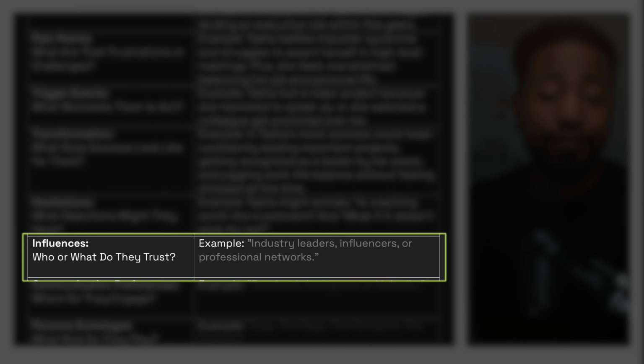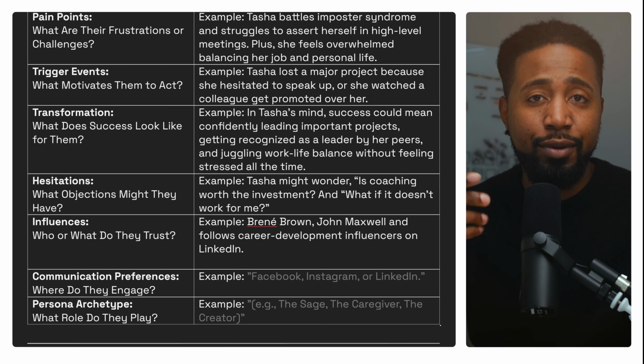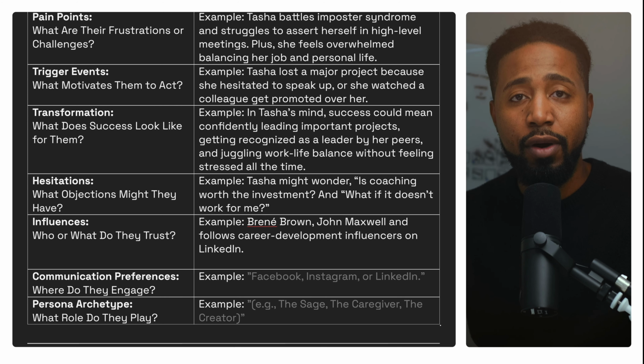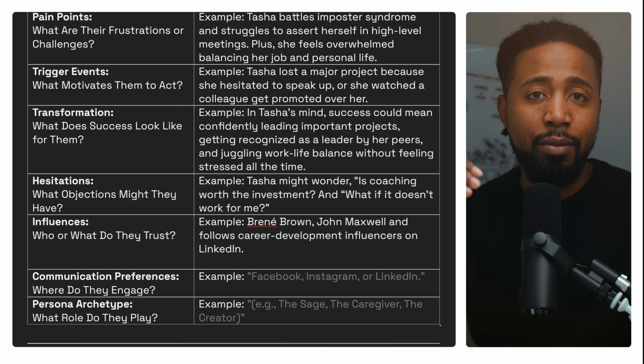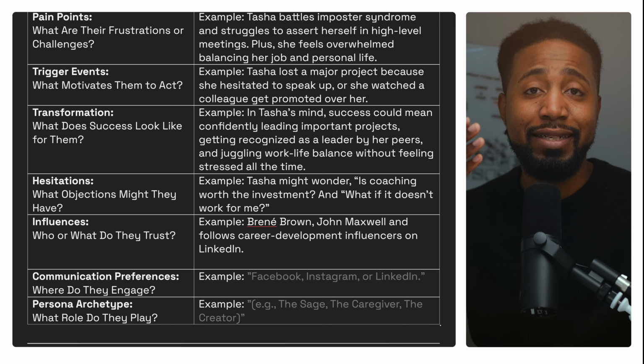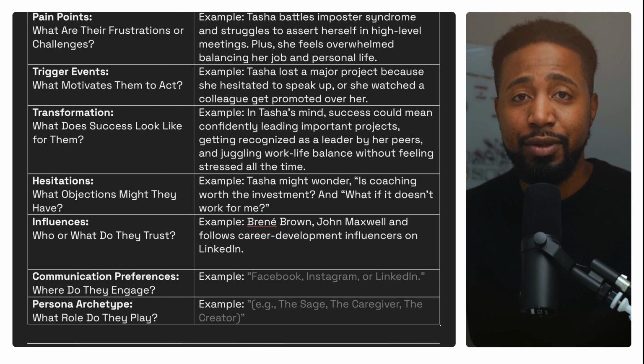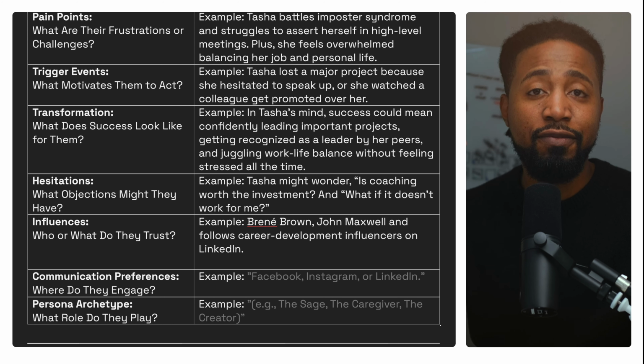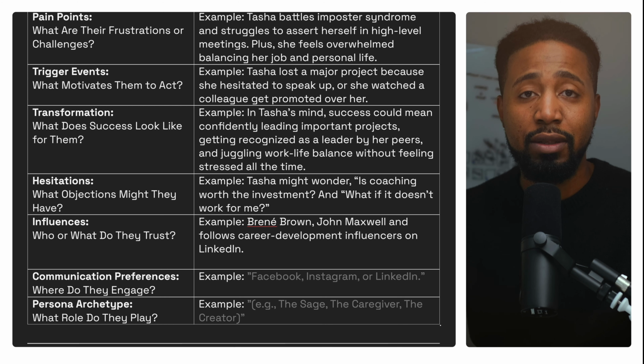Next, we're going to move to influences. And the question that we want to answer here is, who or what do they trust? Knowing this is going to help you to align your brand with the right references. As an example, Tasha might read leadership books from authors like Brené Brown or John Maxwell, or maybe she follows career development influencers on LinkedIn.